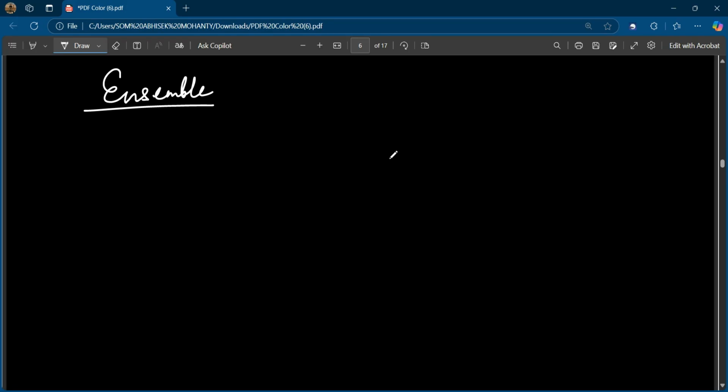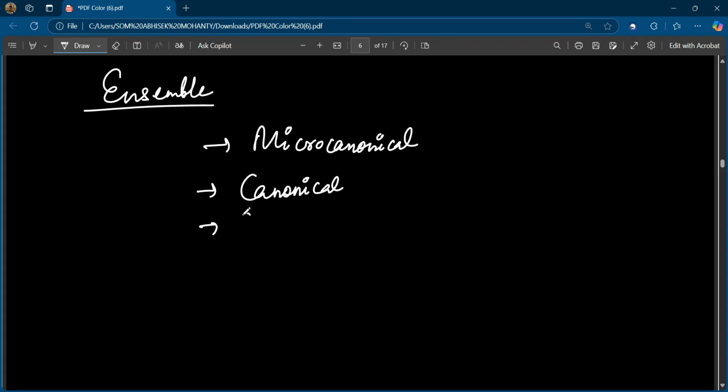Three types of ensembles are there: microcanonical, canonical, and grand canonical. Ensembles are ways to study statistical mechanics, so there are three ways to study a system in statistical mechanics.